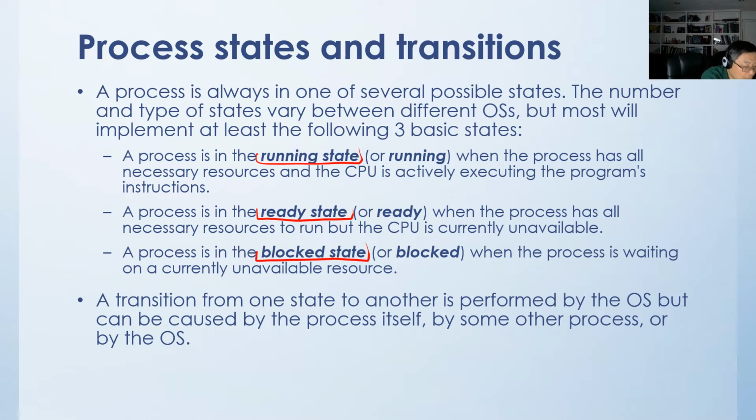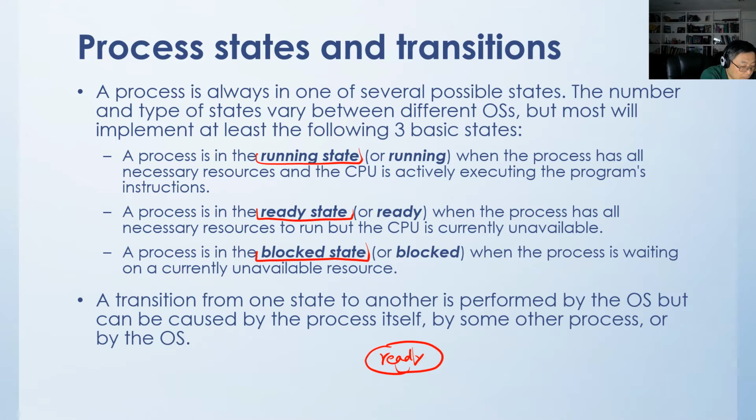Okay. So remember, once we click the icon for a program and load the program into the memory, a process is created. So that process is normally in the ready state.